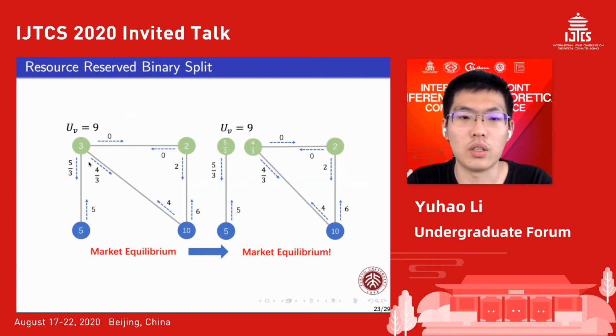If we split one vertex into two vertices, and the whole allocation is reserved, then the allocation on this new network is also a market equilibrium. It is very easy to understand, but the proof is not trivial. And since the allocation is reserved, the utility of each vertex is reserved.